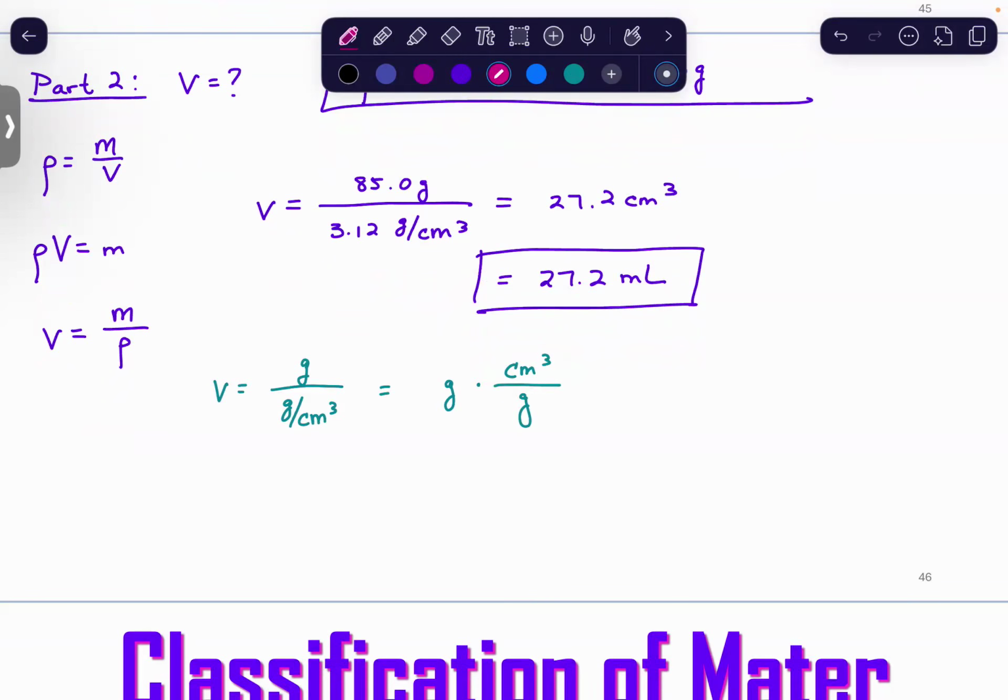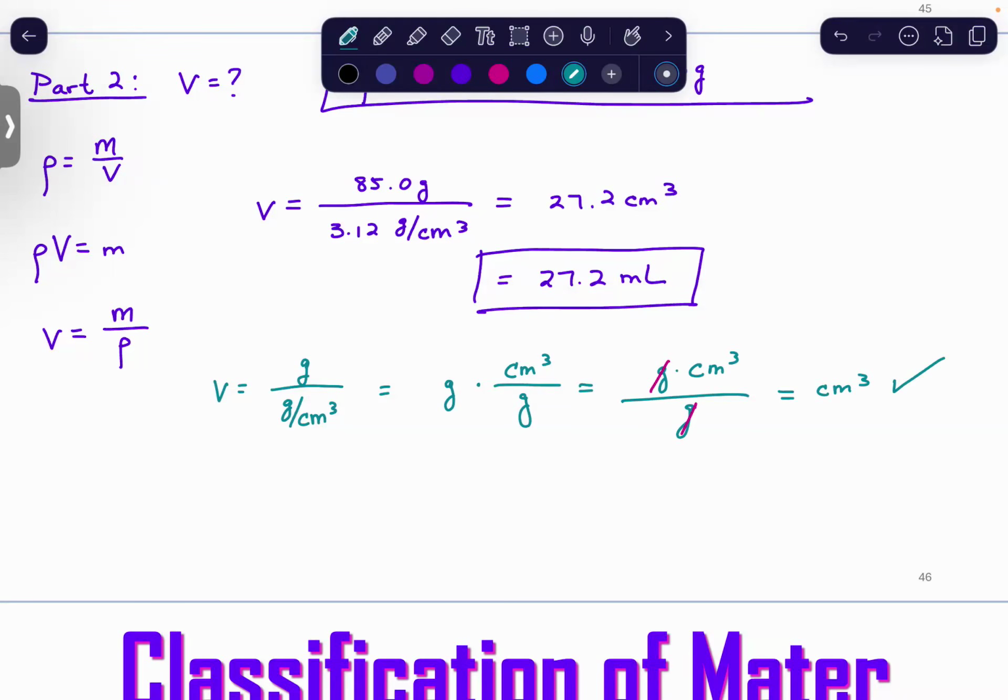We could even make this a single fraction. Grams times cubic centimeters over grams, and grams divided by grams cancels out. And I'm left with the unit of cubic centimeters, which is what I was after.